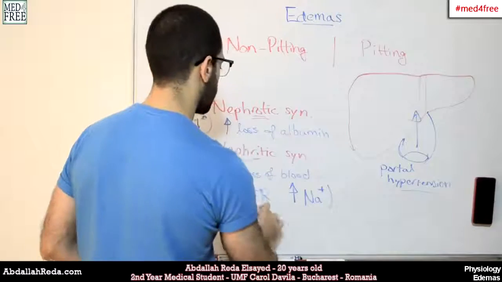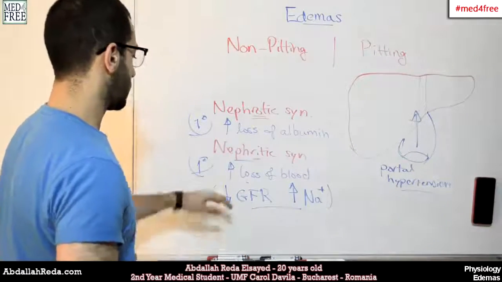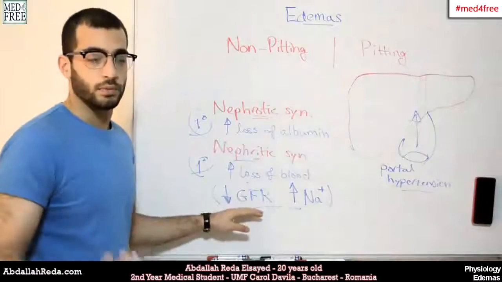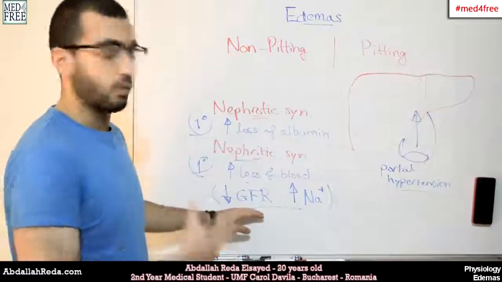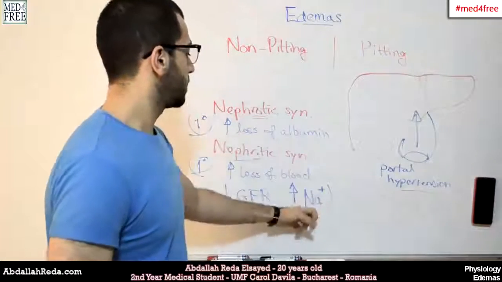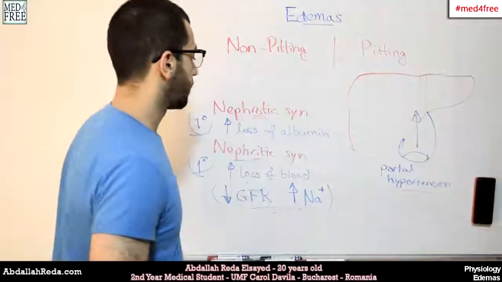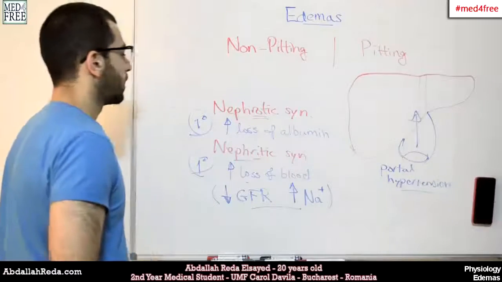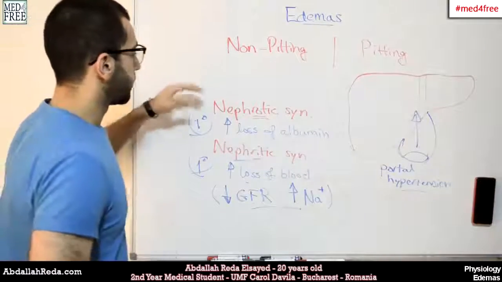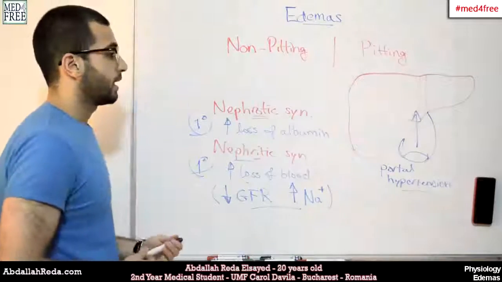Both of these factors, of course, would affect the edema. So a decrease in the glomerular filtration rate will lead to the retention of water inside the vessels and an increase in the sodium reabsorption. So this is the difference between the nephrotic and the nephritic syndrome in the kidney.